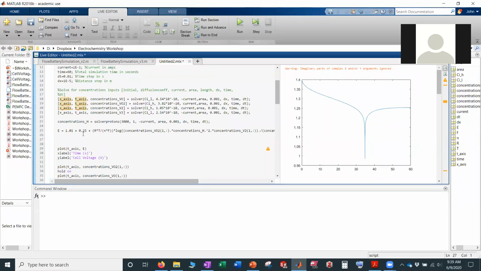So we're going to have to do I naught on the positive side, which is going to be equal to n, which is 1, so we just have F times k naught positive times the initial concentration on the high side to the half power, so that's alpha, to the power of alpha, times the initial concentration low to the 0.5.